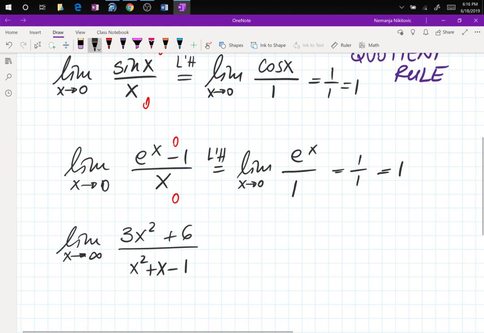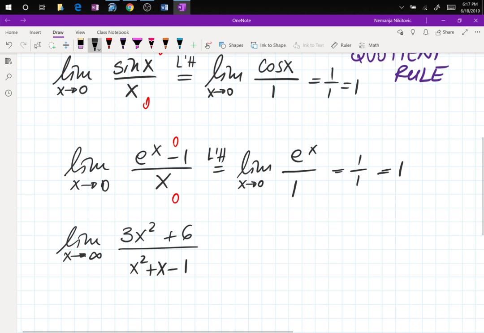You should know just by looking at it what the answer is. Anyone? 3. Exponents are the same, so you take the front coefficients, 3 over 1, so it's 3. But now, you know to solve it by dividing everywhere by x squared and doing all that cool stuff. But L'Hopital rule makes this even easier.